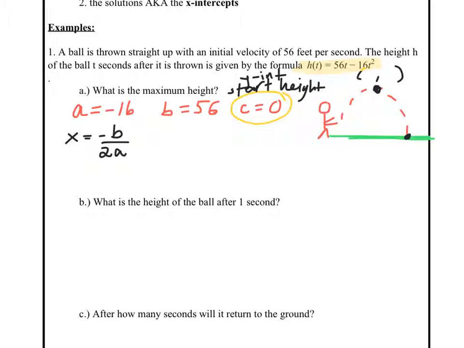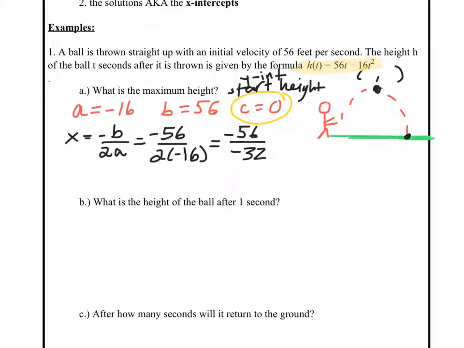So you take your negative b, so that would be negative 56, over 2 times negative 16. What is 2 times negative 16? It is negative 32. Lucas, you got a pencil? And go ahead and divide that.